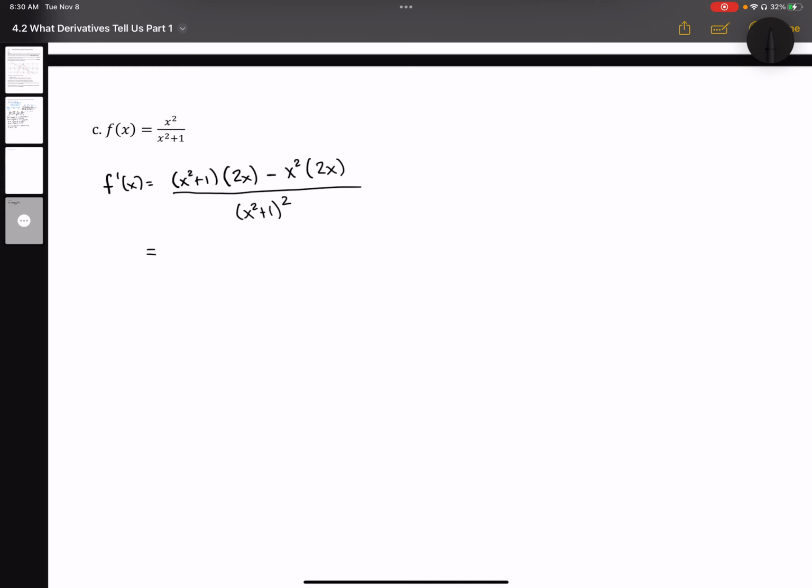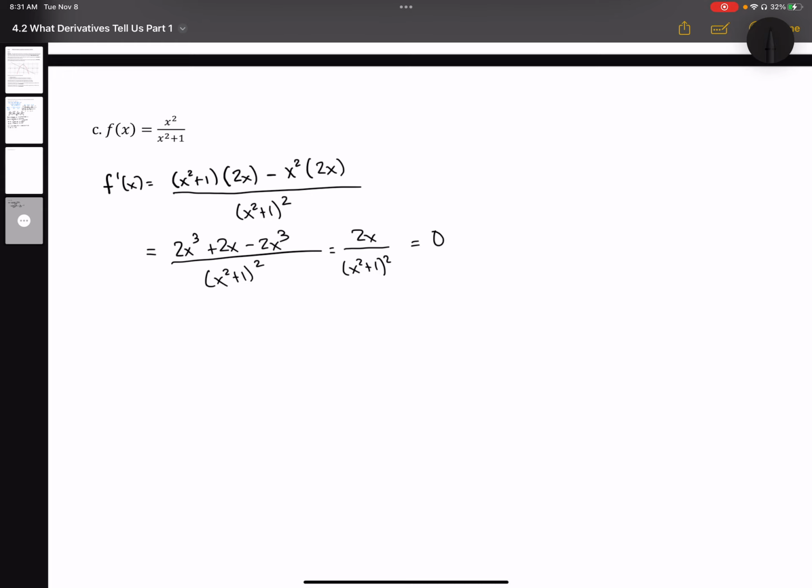Simplifying, we would get 2x cubed plus 2x minus 2x cubed, all divided by x squared plus 1 squared. And so that obviously simplifies to be just 2x over x squared plus 1 squared.